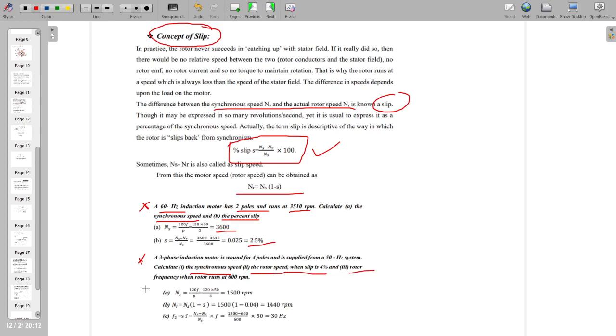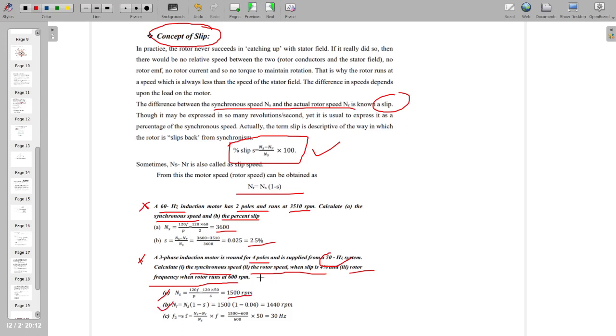The third is the rotor frequency when the rotor runs at 600 rpm. First, Ns is equal to 120 f upon P. The frequency is given as 50 Hz, so 120 into 50 upon the number of poles, P equal to 4. Simplifying this, we get 1500 rpm.